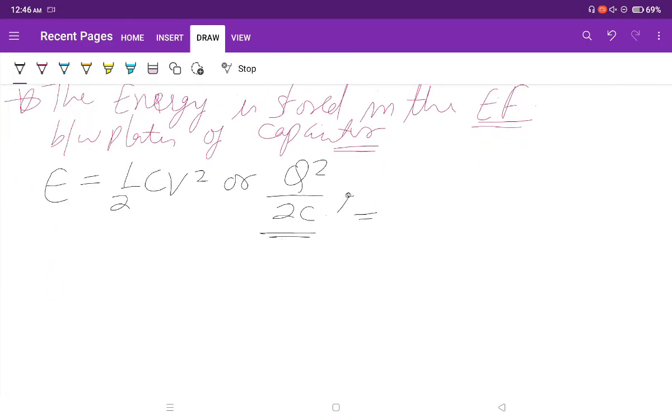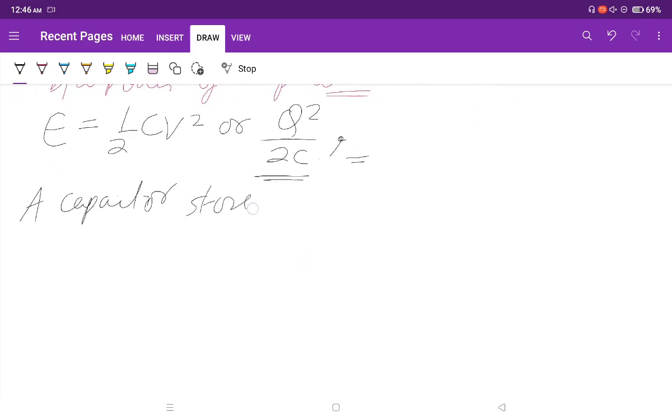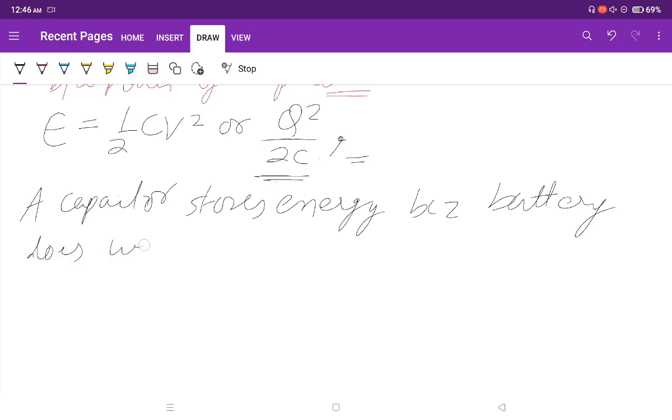So what we can conclude here is that a capacitor stores energy because the battery does work to separate charges.